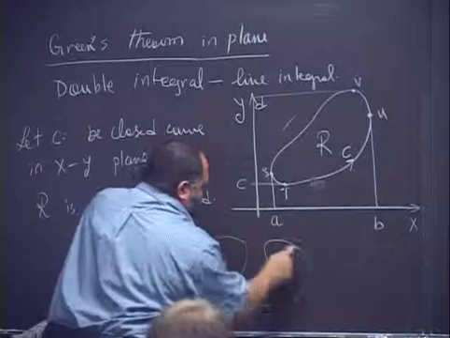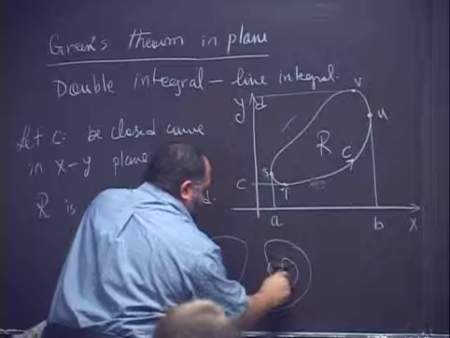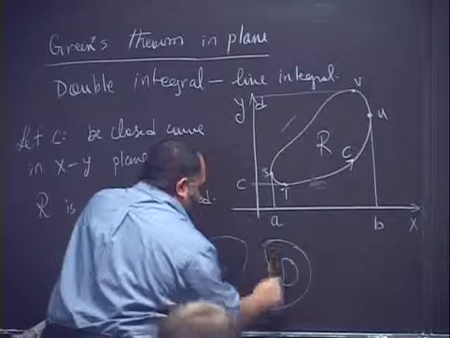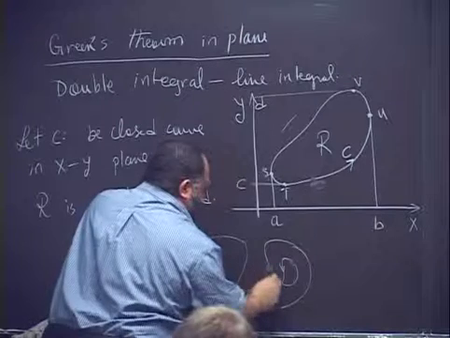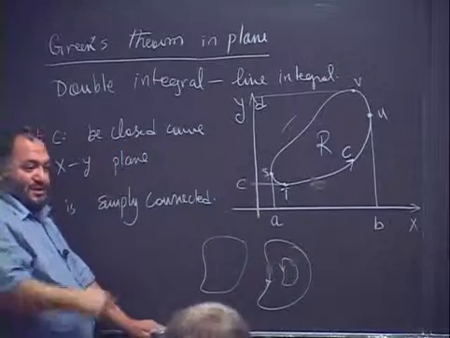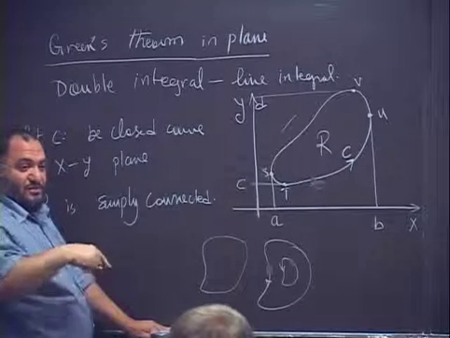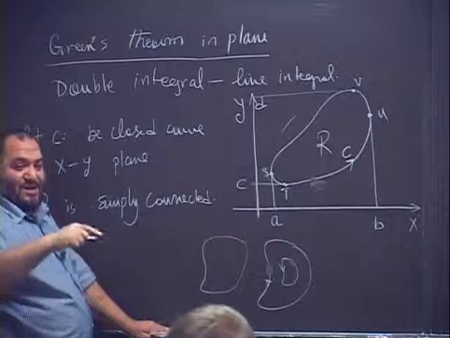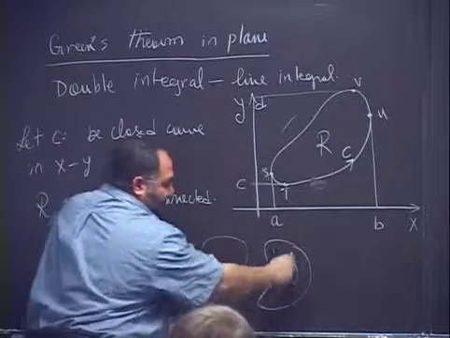If you have something like this, and you have something, for example, like this, or something like this, this is doubly connected. So we said if you have n-1 holes inside the curve, it will be n-fold connected.